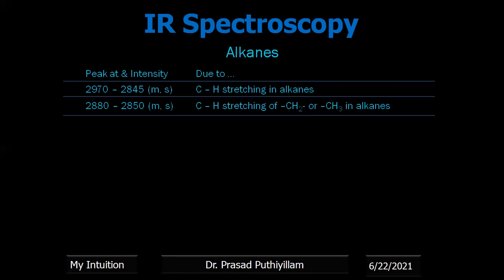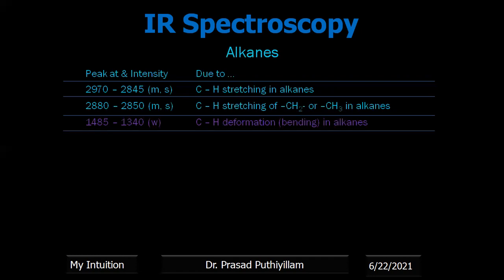If it is 1485 to 1340, a weak absorption band, if obtained, that is due to CH bending in alkanes. That is one of the characteristics in alkanes, but still it is a very weak band. So again, if you have no idea which compound we have, it will create confusion.